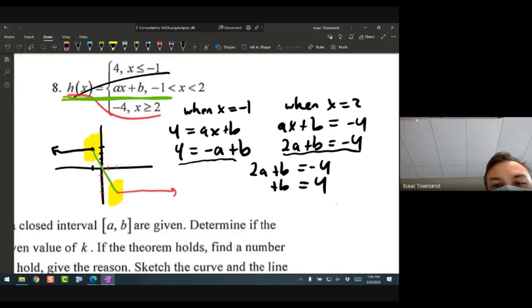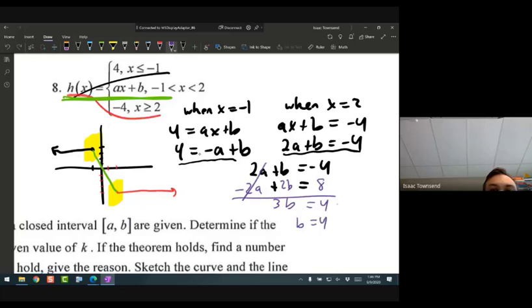So I would probably multiply this bottom line, multiplying everything by 2, and then add them together, because that would make my A values go away. And if my A values go away, I'm going to be able to solve for B. And if I can solve for B, I could then plug it back into either one of these and solve for A.